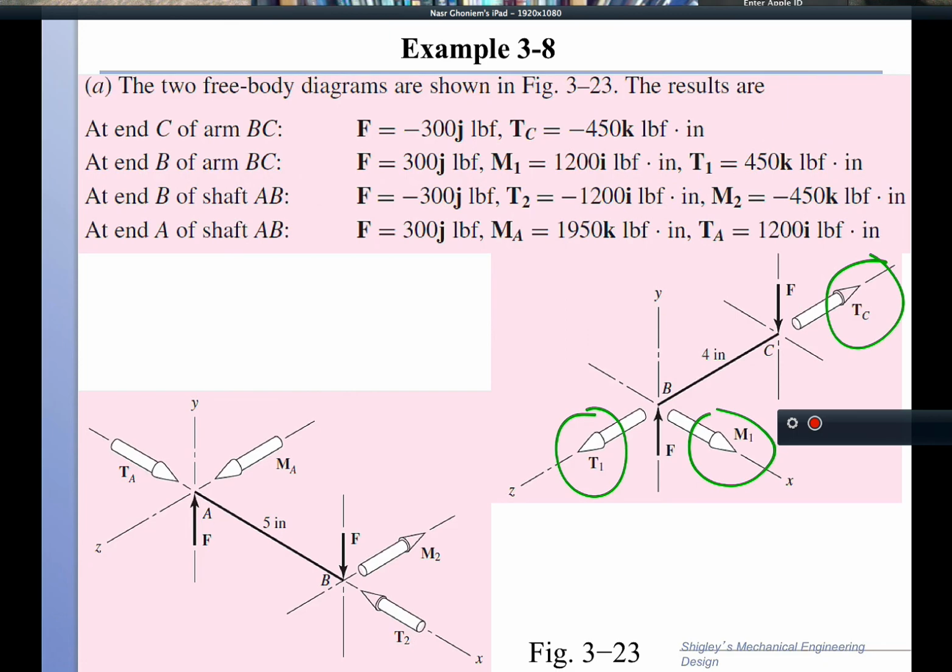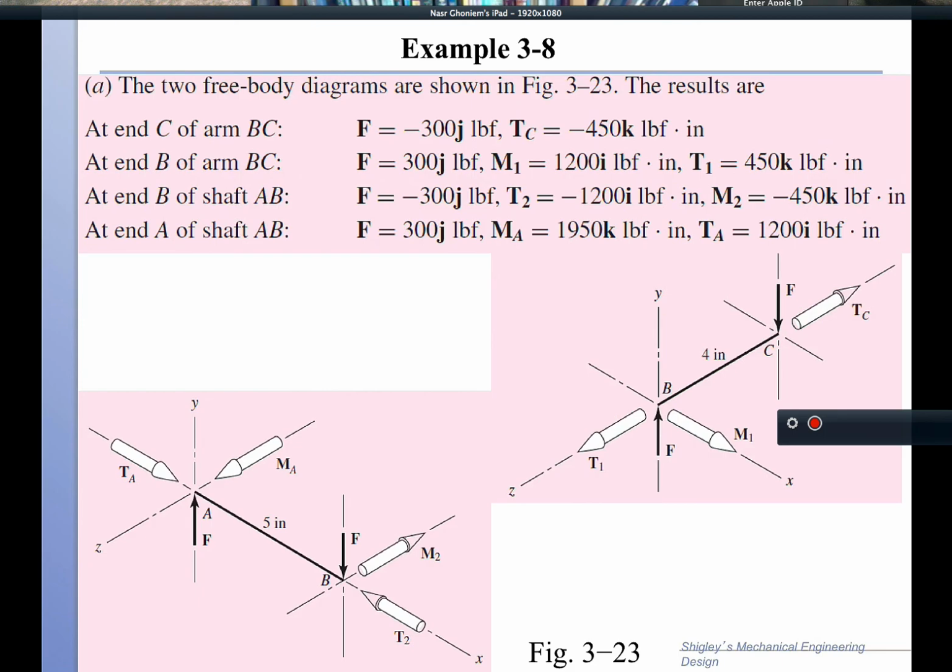This moment M1 is to balance the force times the distance, which is the 4 inches here. So F times 4 inches gives a moment that must resist it to balance and give you the free body diagram. That's what we have for the arm BC.